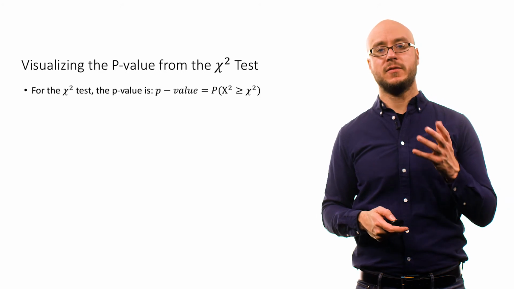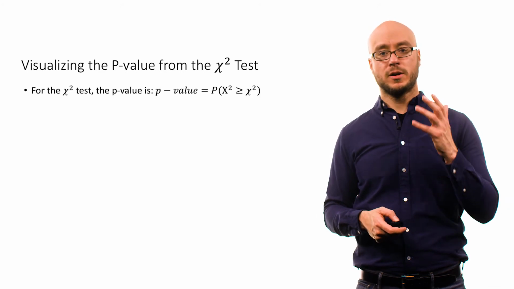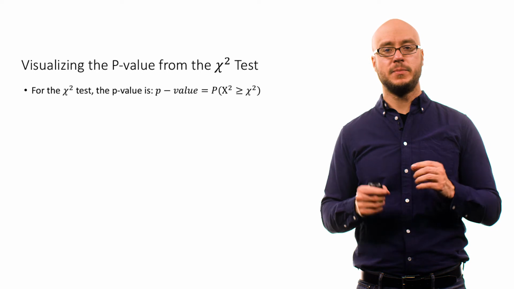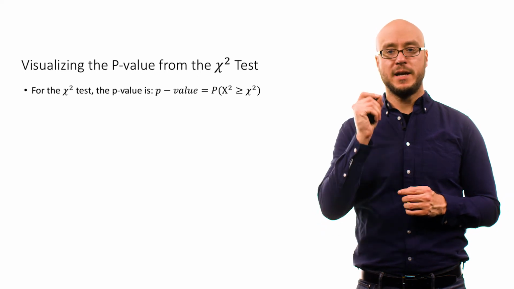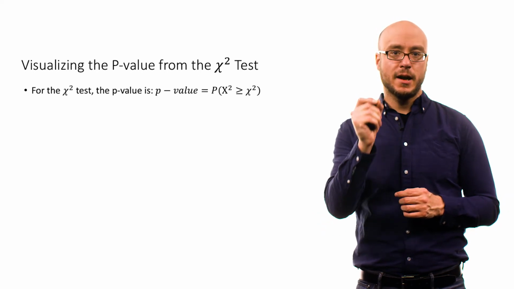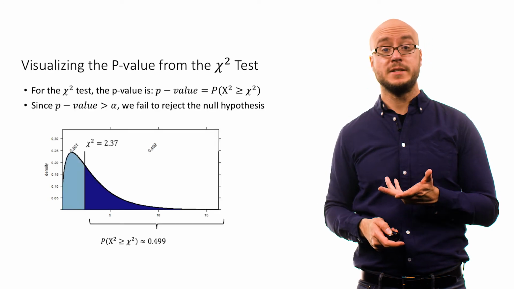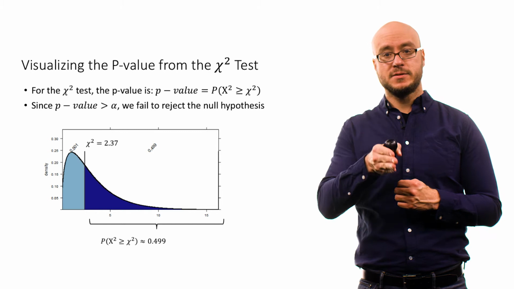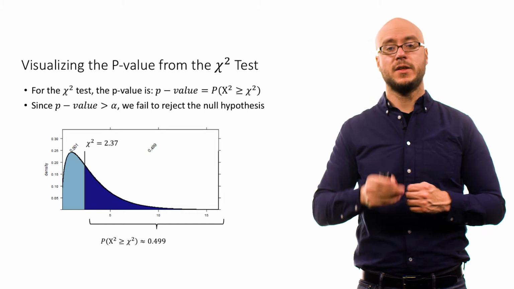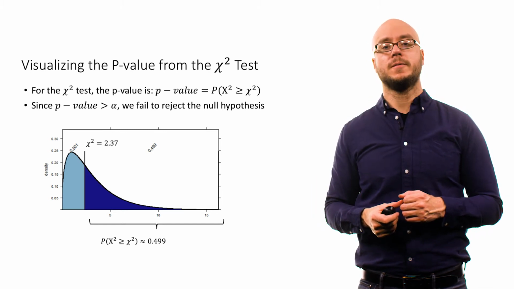We can look at the p-value from this test visually. Recall that for the chi-square test, the p-value is simply the probability of obtaining a test statistic greater than or equal to the one we observed. Well, the one we observed is 2.37, and you can see that it's right there, almost in the middle of the chi-square distribution model.